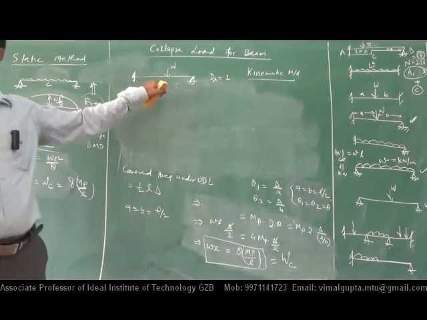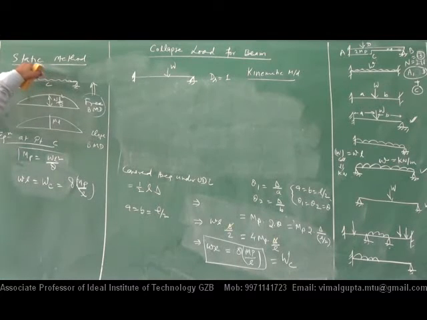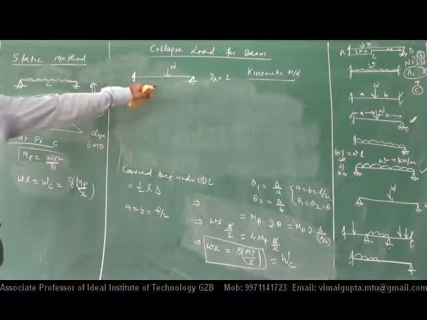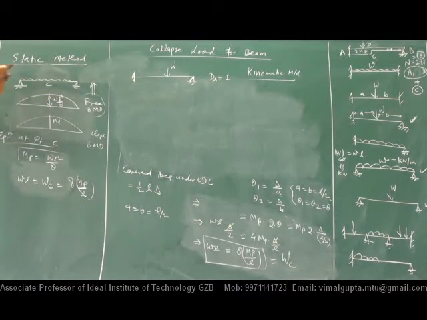If we are solving this by the static method, let's first do it by the static method. We must also have a redundant. Before plotting the free BMD, we must remove the redundant.